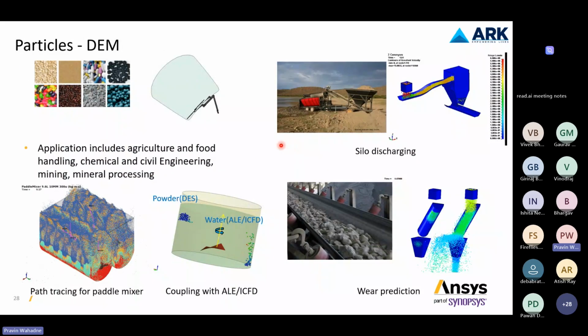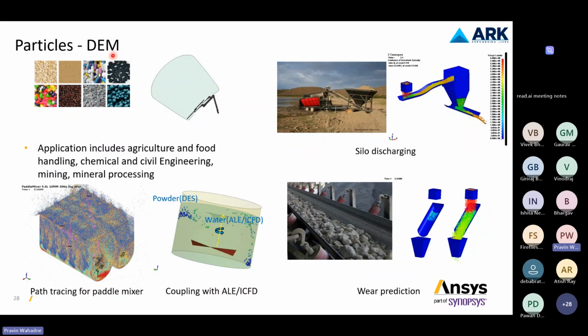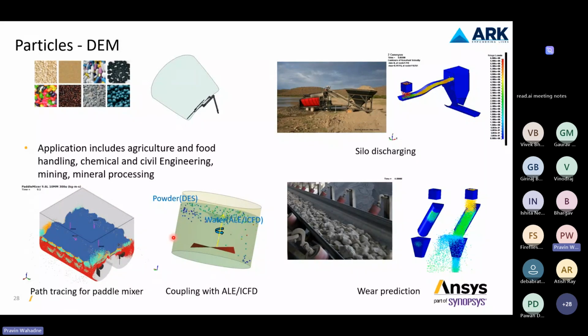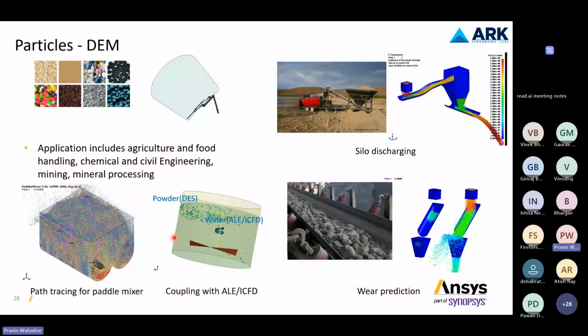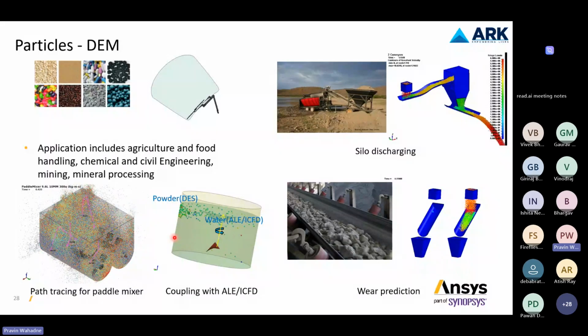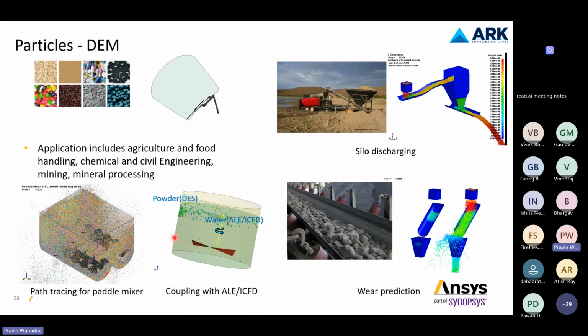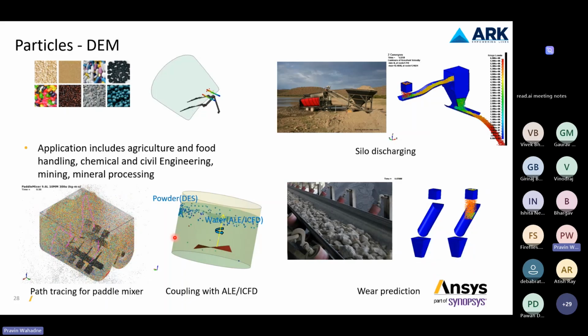Particles and DEM: similar to what we have seen earlier about the particle method, but these generally come under the DEM process. Whether it is the agriculture industry, civil engineering, or mineral processing, you can use the DEM approach by using LS-DYNA.